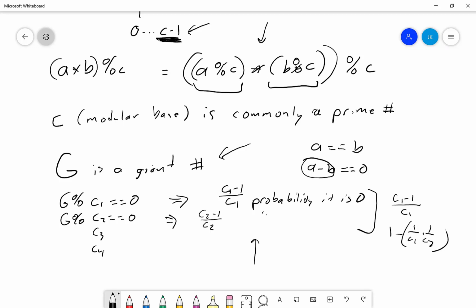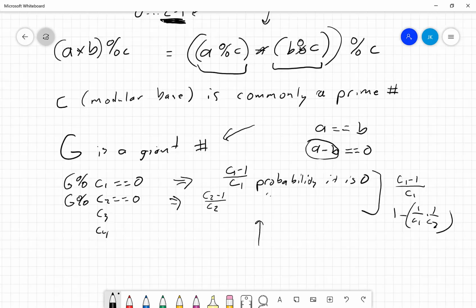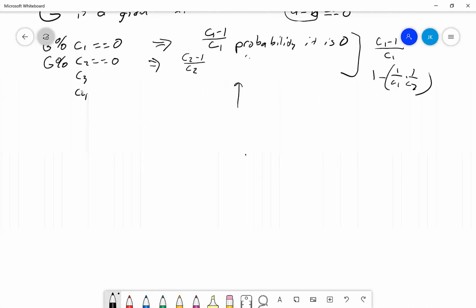So it's a very small probability between those two. Okay, so that's the basic idea: you can probabilistically determine if something is 0 by having these modular bases.